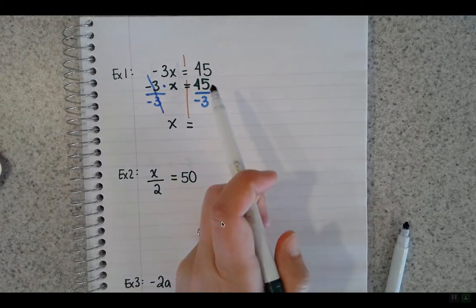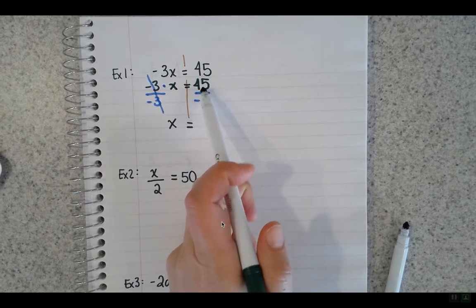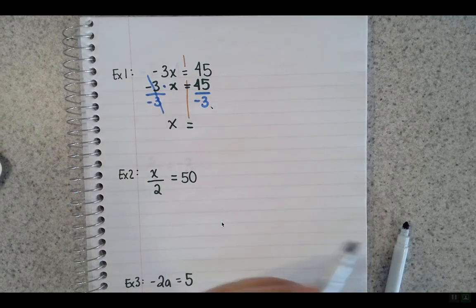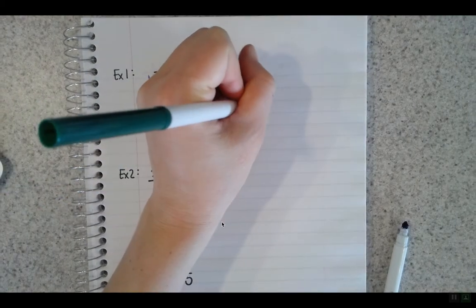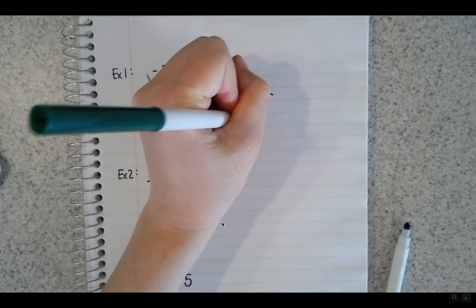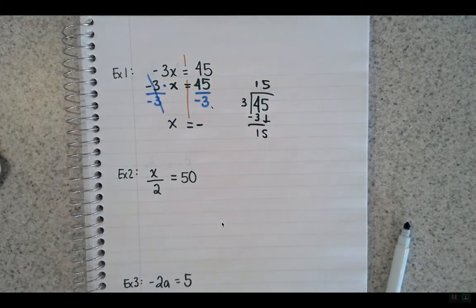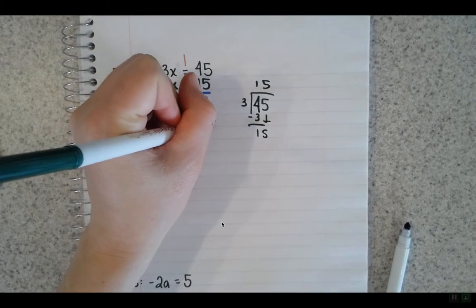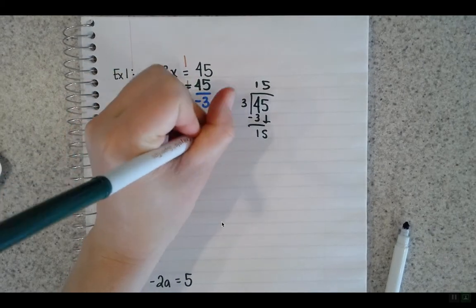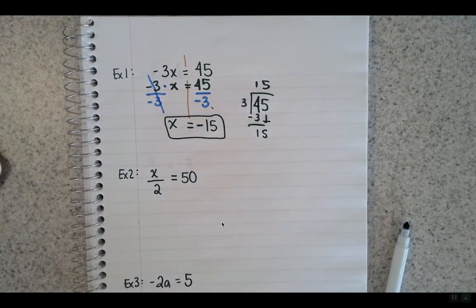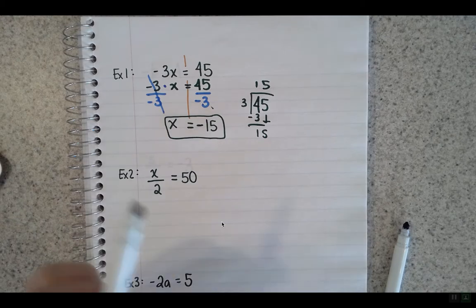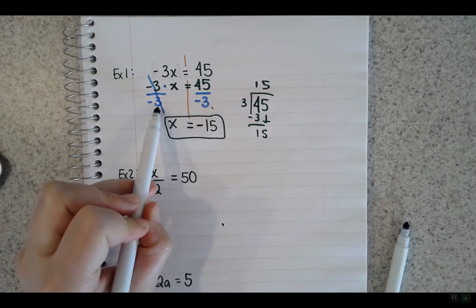Well, remember, opposite signs, negative answer. I know my answer will be negative. And then I just do a quick division problem to figure that out. And I get a -15. So in this case, we did have to use division to get x by itself.